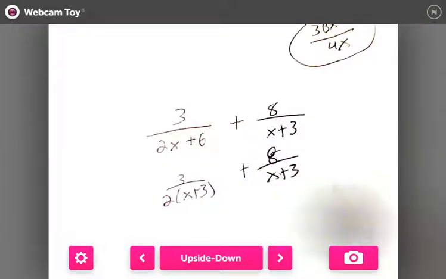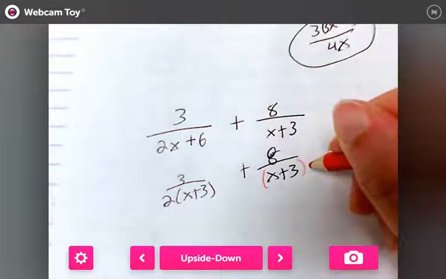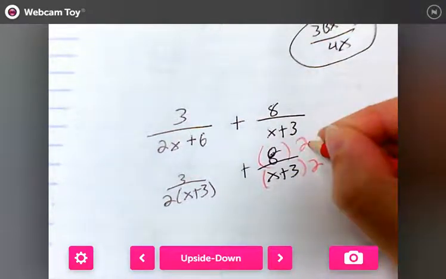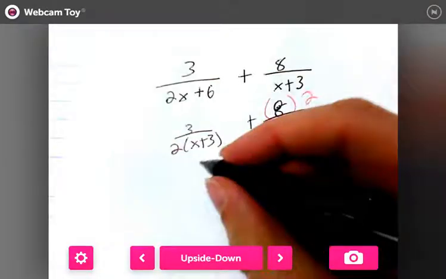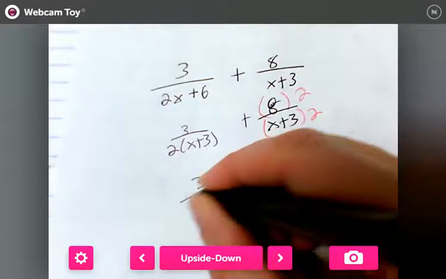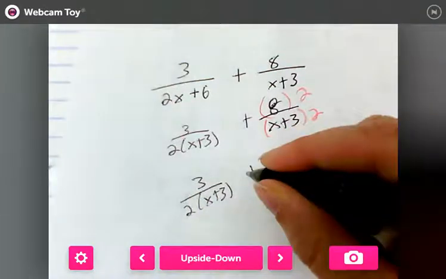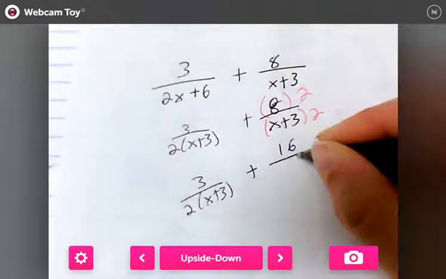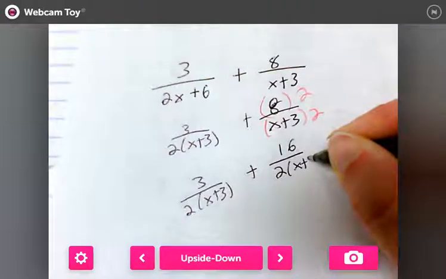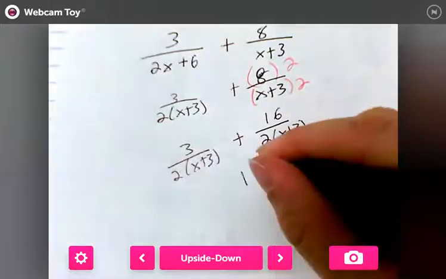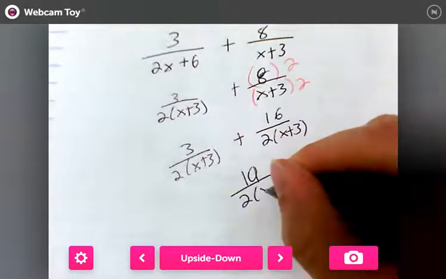So remember, when you multiply the bottom by 2, you also have to multiply the top by 2. So I'm going to be left with 3 over 2 times x plus 3 plus 16 over 2 times x plus 3. Okay, what's 16 plus 3? 19 over 2 times x plus 3.